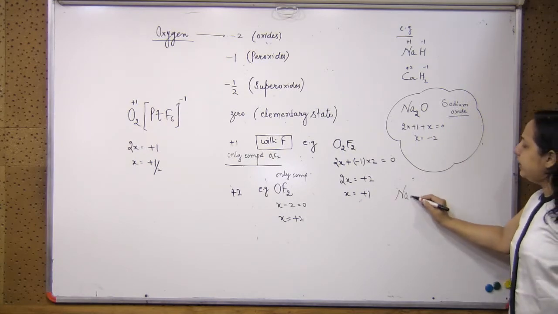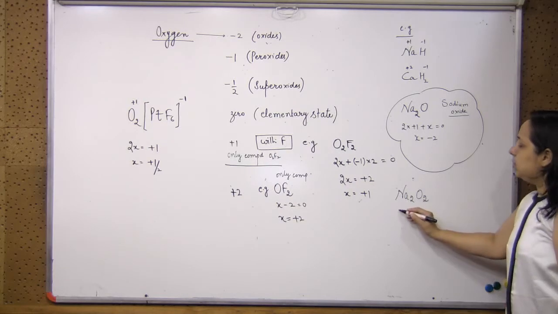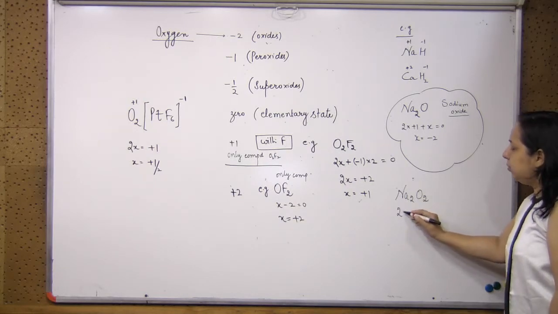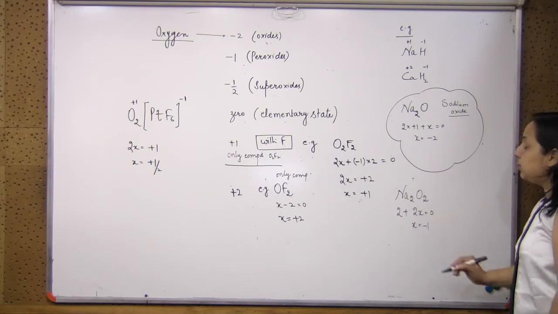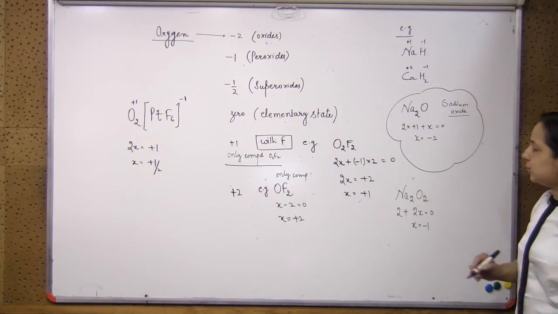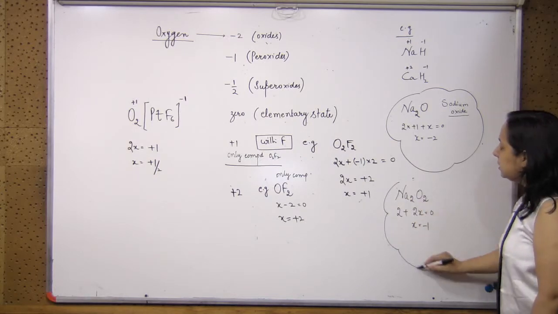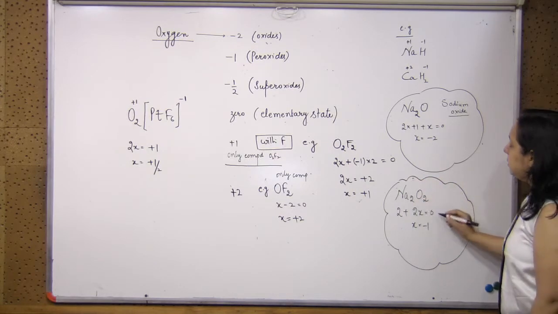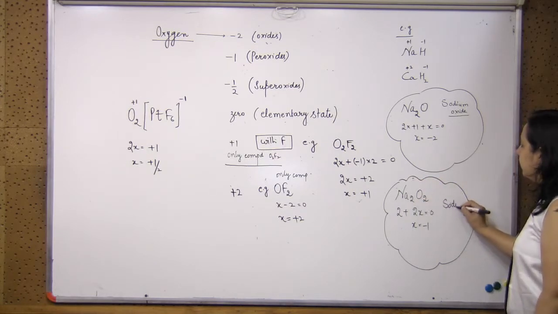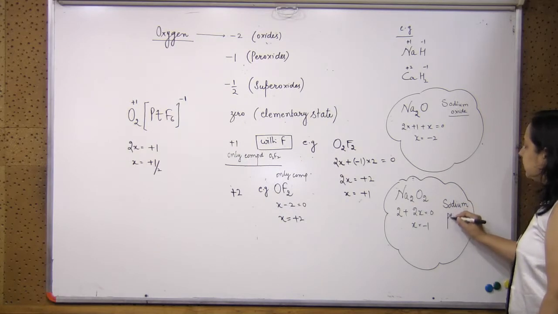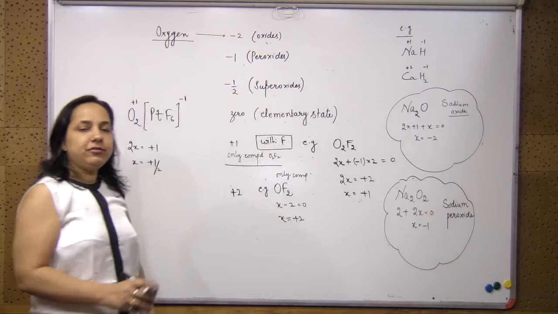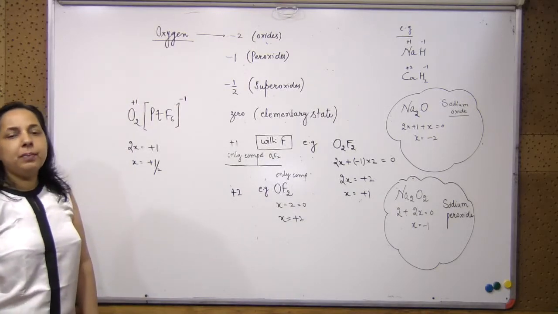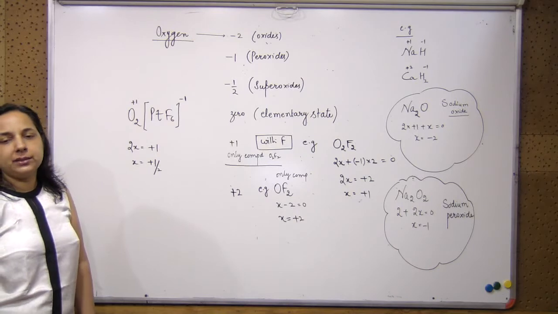But if I write Na2O2, sodium is +1, it is 2 positive now, plus 2x is equal to 0. X comes out to be -1. It means oxygen here is -1. This compound is now named sodium peroxide. Sodium oxide and sodium peroxide. It means if sodium is known to us, we can know that the compound is an oxide or peroxide.